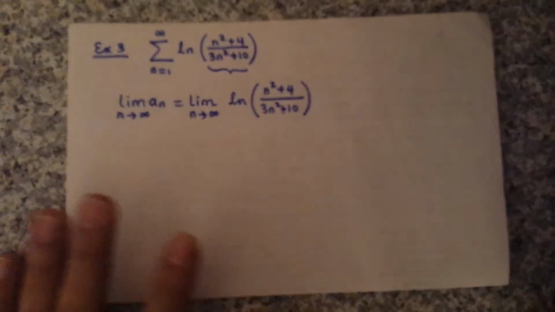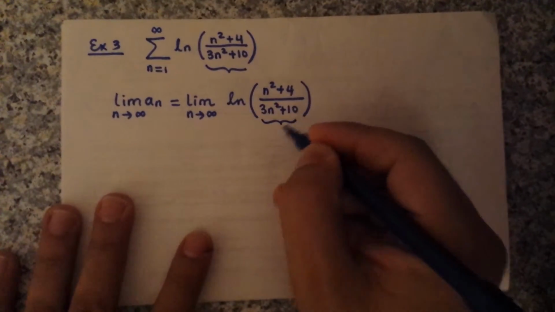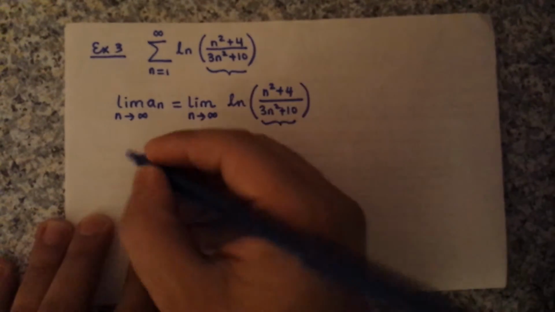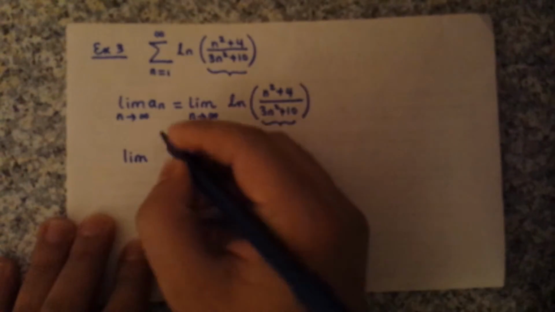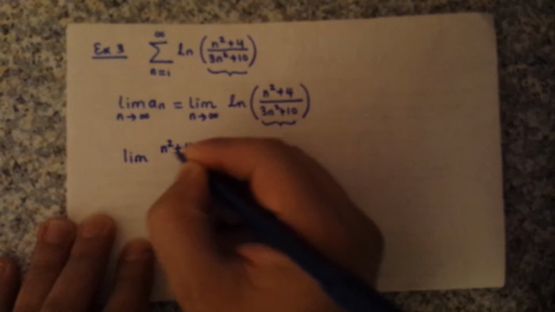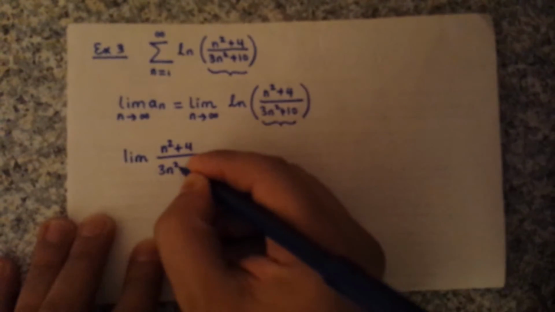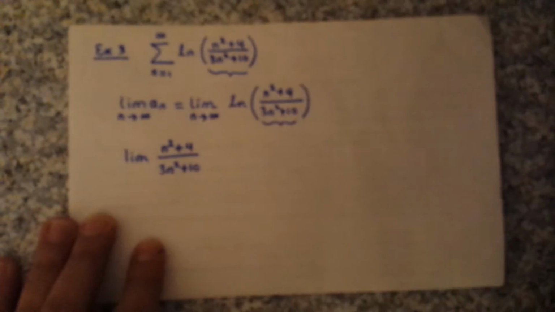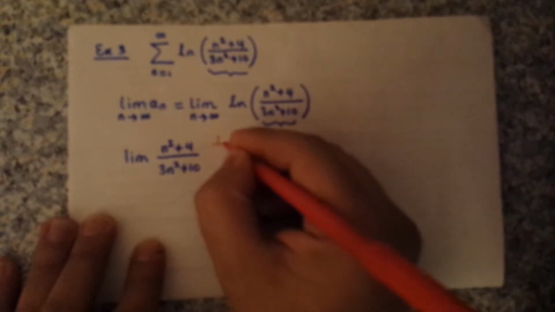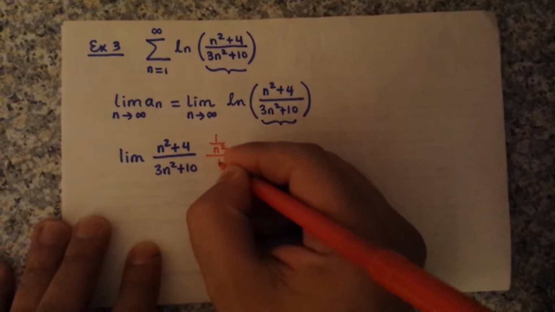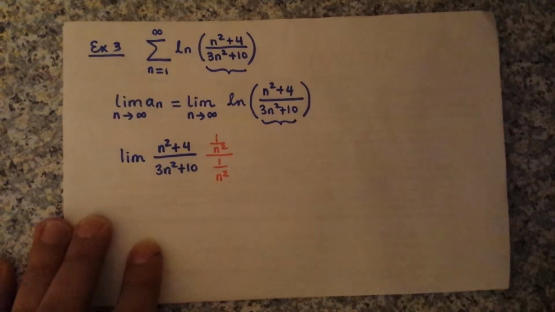By the same way, you can look at the limit of this inner part, and you can divide by n squared. By the same argument we used in the first example, for the limit of n squared plus 4 over 3n squared plus 10, you can divide both by n squared, so basically you're multiplying by 1 over n squared.